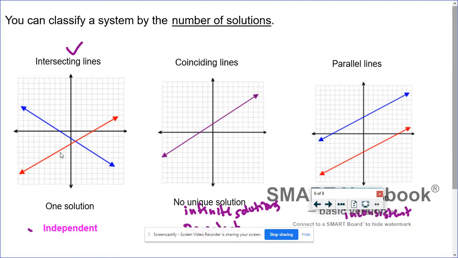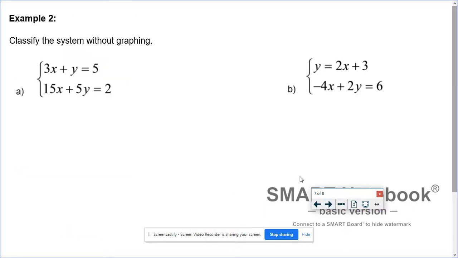The lines are going to intersect at one place somewhere. If the slopes are the same, then it's either dependent or inconsistent. And then it's just a matter of, is the entire equation the same? Then they're overlapping. If the slope is the same, but the y-intercept is different, then they're parallel lines, and that means they're inconsistent. So what we need to do is be able to compare their slopes.